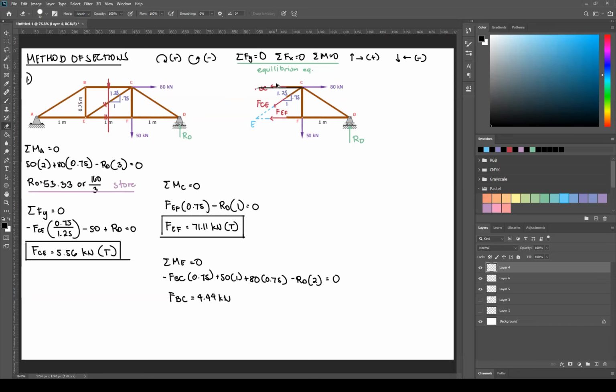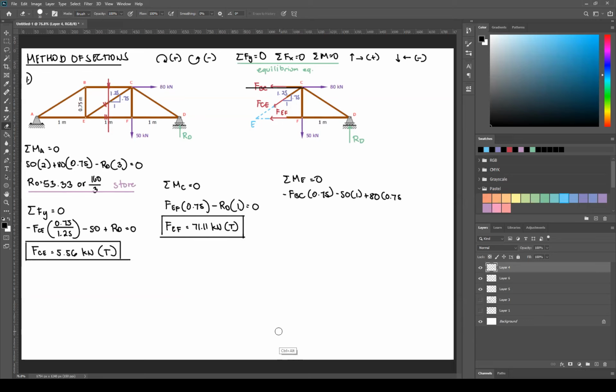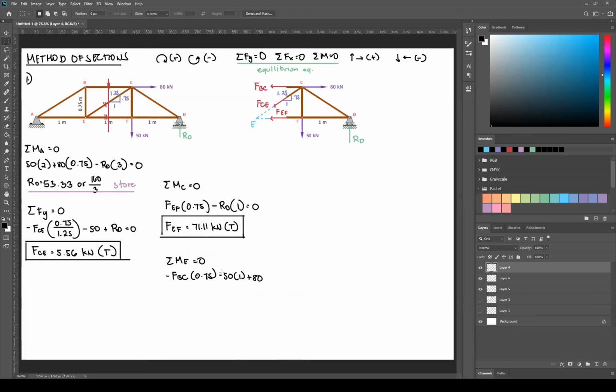It's away from the point. 4.44 kilonewton.